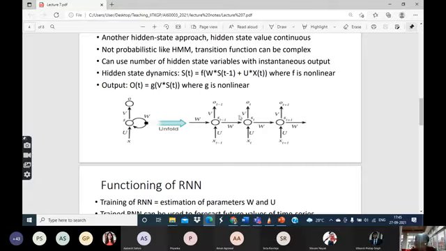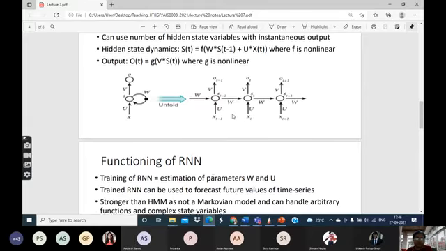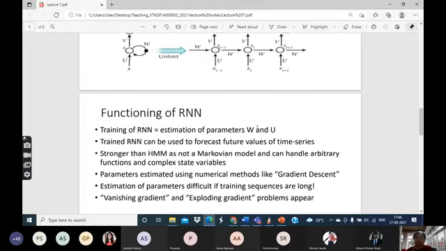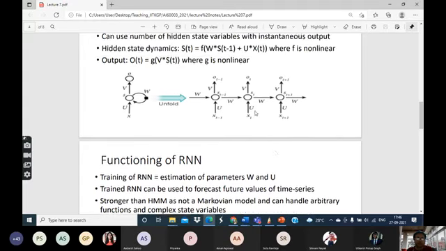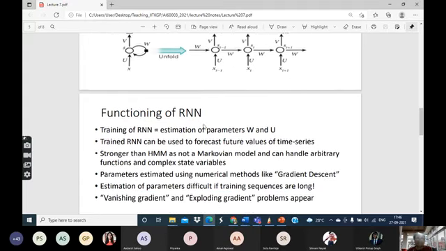That is, the same values of W at t equal to 1, you will use at t equal to 5 also, and t equal to 25 also, and so on. So the only thing you need to do is estimate the parameters W and U, and if necessary then V also.